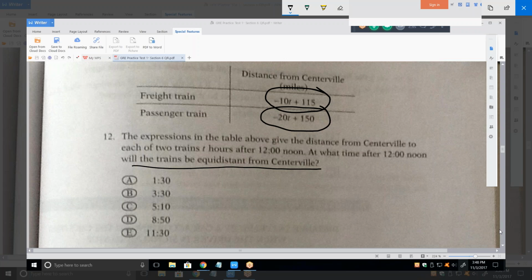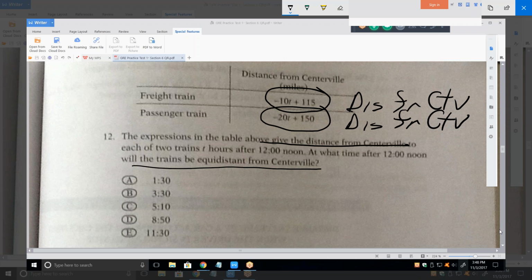Set them equal to one another. Remember what this is. That's the distance from Centerville. This one is the distance from Centerville. That gives the distance from Centerville, those equations. So negative 20t plus 150 equals negative 10t plus 115?